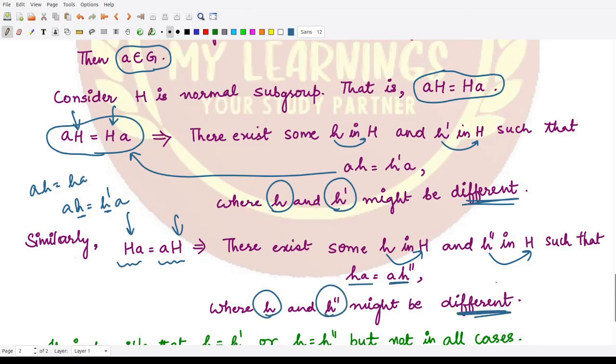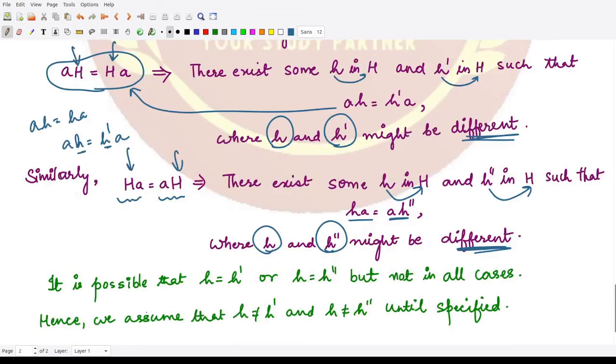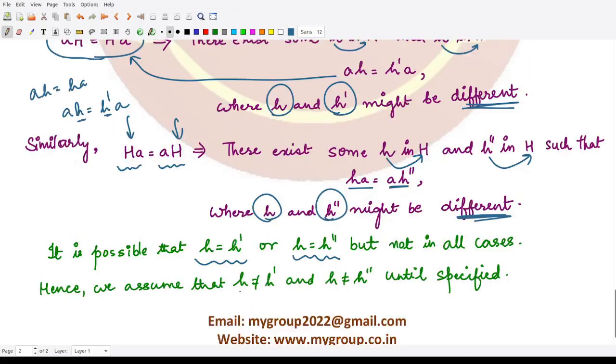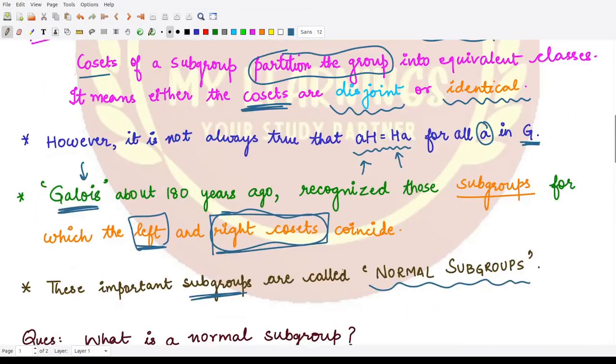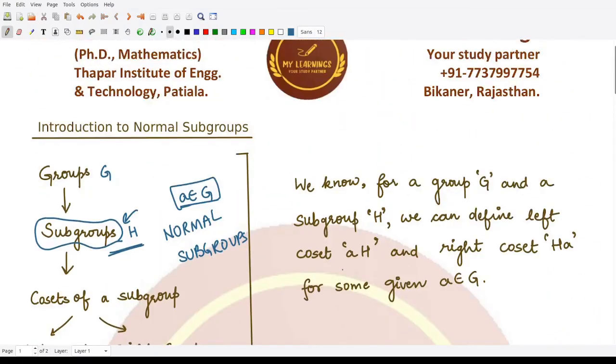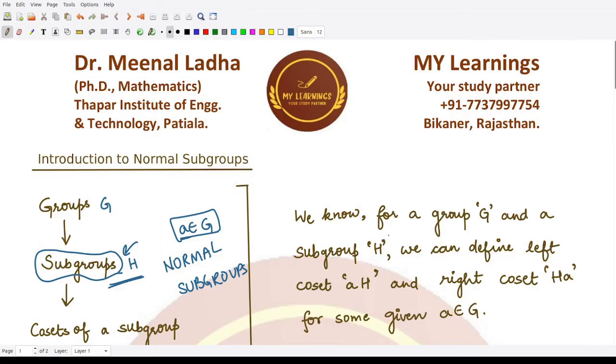Hence, it is possible in certain cases that h is equal to h dash or h is equal to h double dash, but this is in general not true for all cases. Hence, until and unless specified, we consider both the elements to be different, right? So this is the terminology, and that is how we use this notation for normal subgroups.